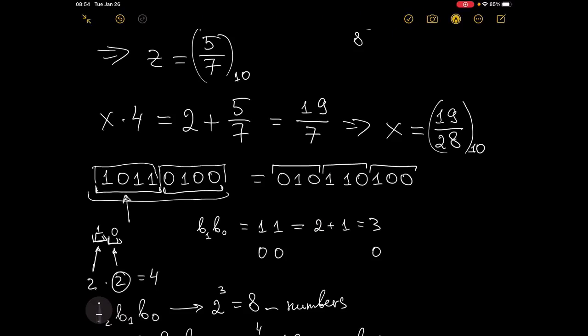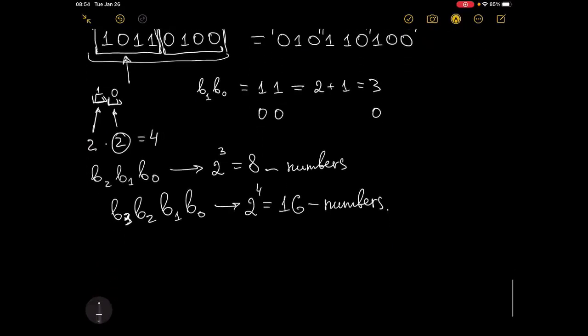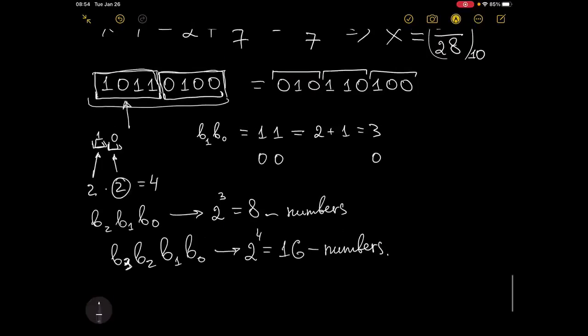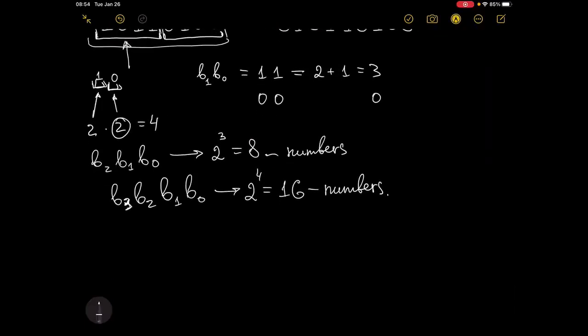These 4 bits can represent 16 numbers, right? And these 4 bits can represent 16 numbers, right? So as a result, you can use a number representation system with base 16. It means that I need to have 16 characters, right?